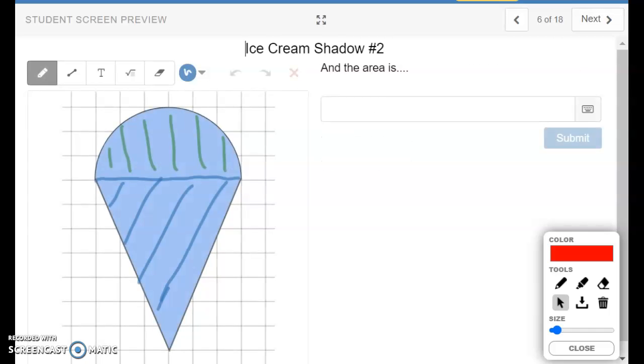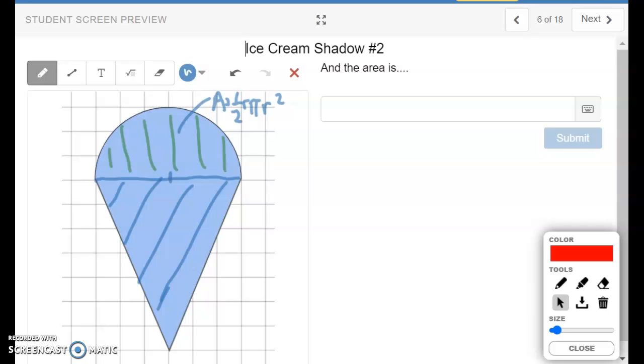So then let's calculate the area. The area of a half circle is going to be half of a whole circle. What is the area of a whole circle? It's going to be pi r squared. What is the radius in this case? How wide is the cone here?